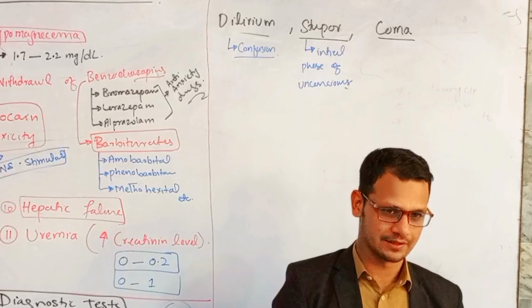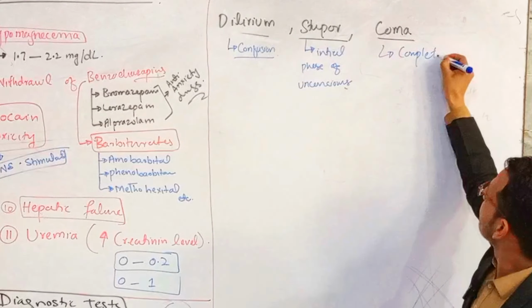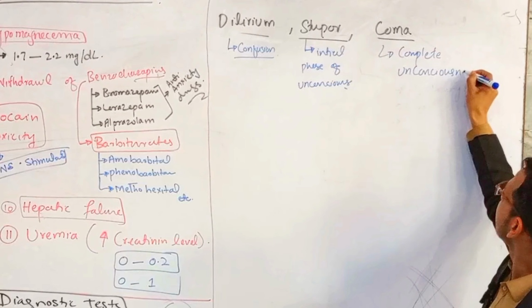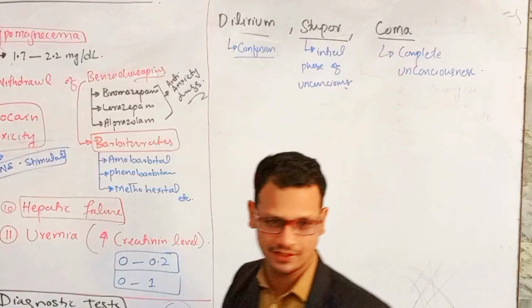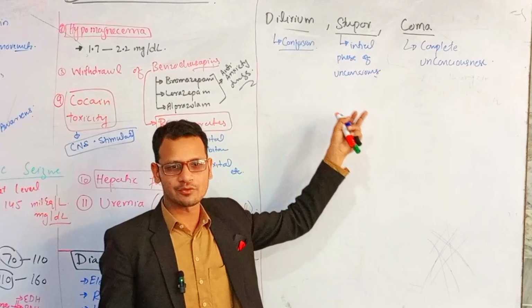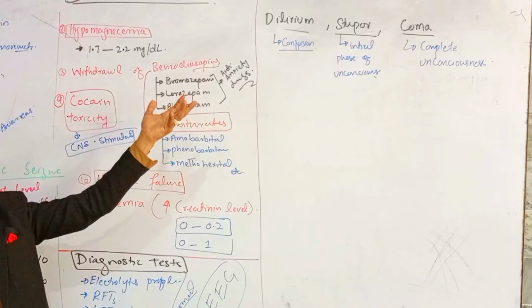This is called stupor. And coma is the complete unconsciousness. And when these things are exceeded, it will cause seizures. So these are the 3 things which are related to seizures.